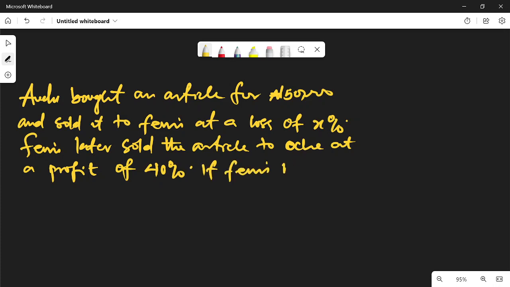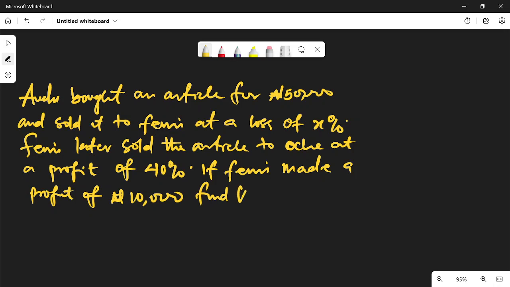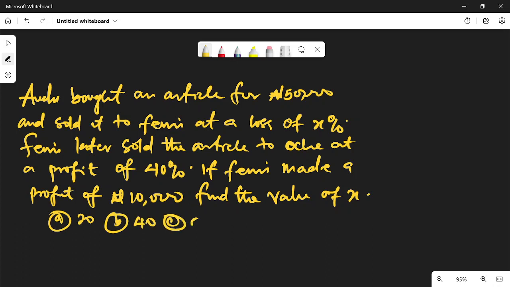If Femi made a profit of 10,000 naira, find the value of X. A 20, B 40, C 50, and D 60.